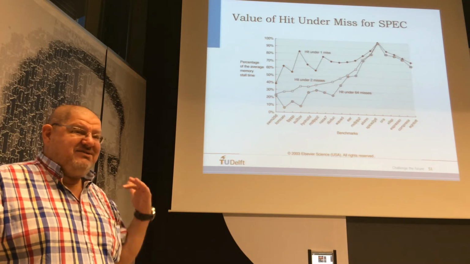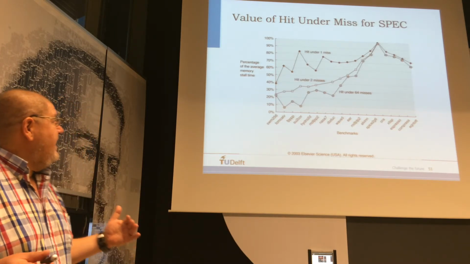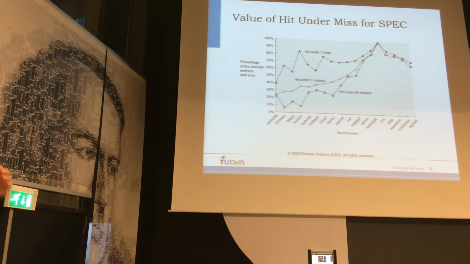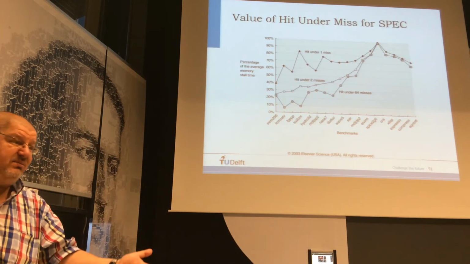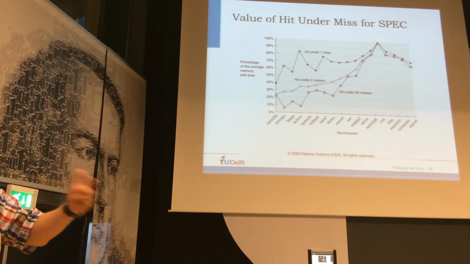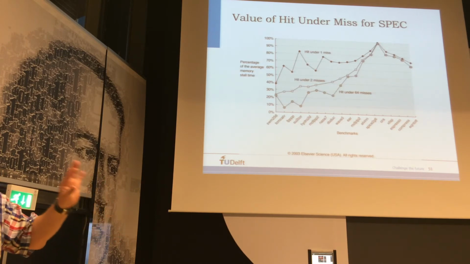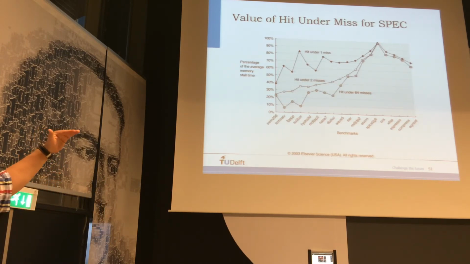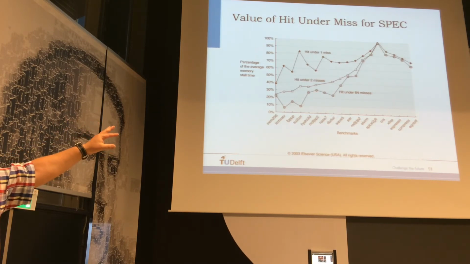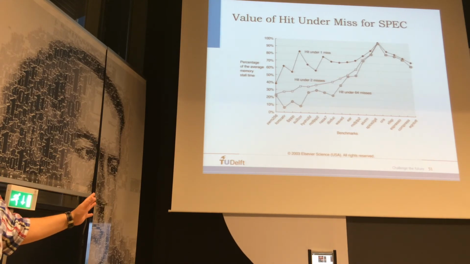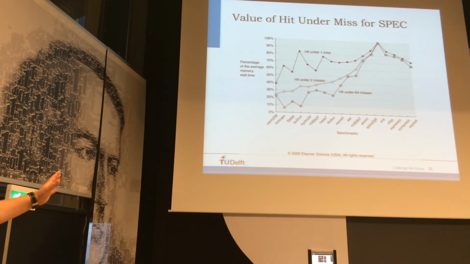I still have to solve them. And from this diagram what I can learn is that if I go for a non-blocking cache, and if I allow to try the third time after I have two misses, that will be quite okay performance-wise. As you see, it's pretty good. In some applications, this is not helping me at all, but in most of them, it's giving me some help.